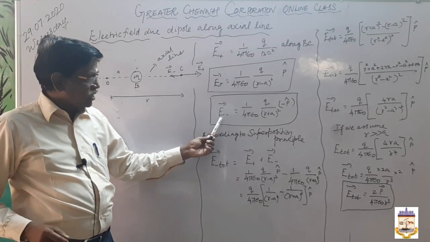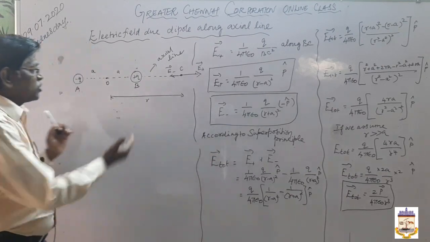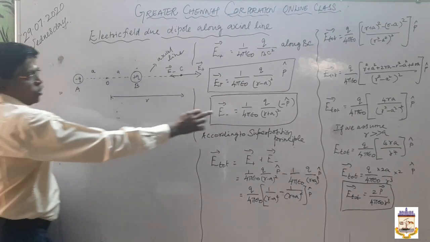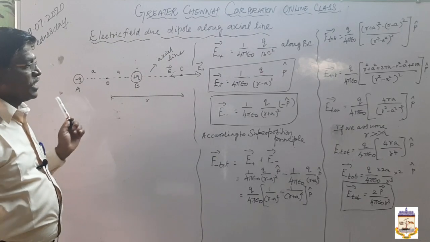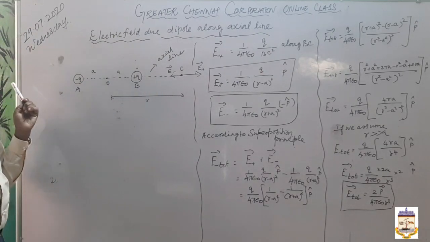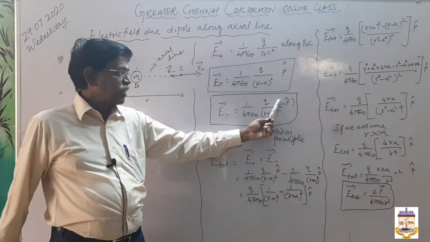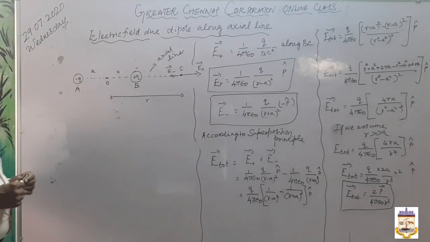E minus vector equals 1 by 4 pi epsilon 0 q by, here you have to include this a, so total distance plus a, so (r plus a) whole square. The direction is opposite to the dipole moment, so minus p cap.